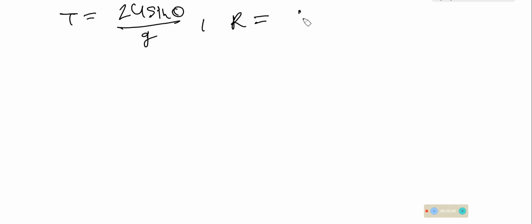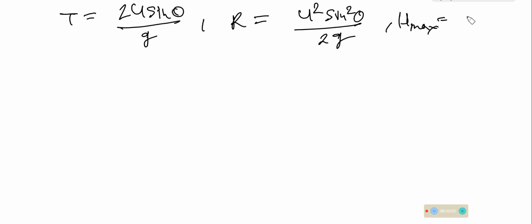So time of flight is 2u sine theta upon g, and horizontal range is u square sine 2 theta upon g, and maximum height H maximum is u square sine square theta upon 2g.